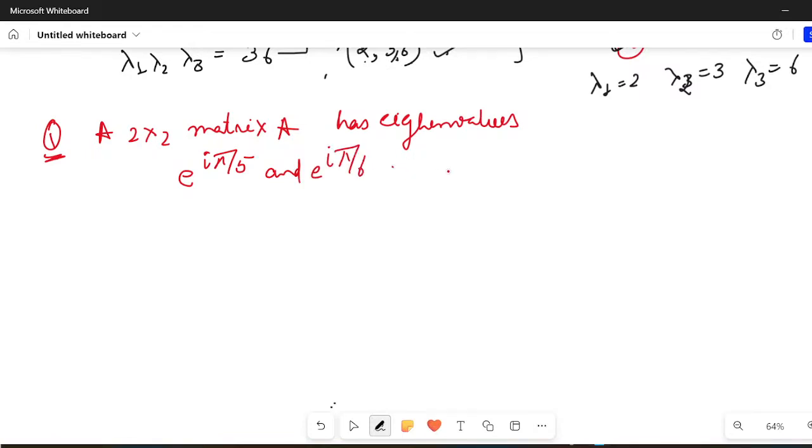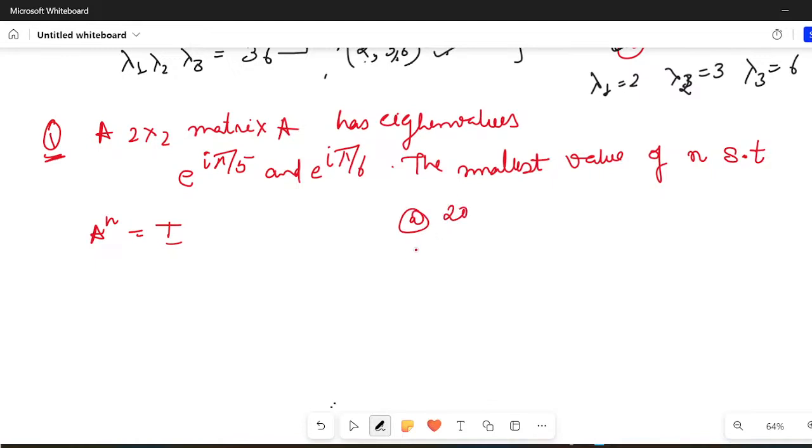The smallest value of n such that A raised to power n is equal to identity. Option 1 is 20, option 2 is 30, option C is 60, option D is 120.